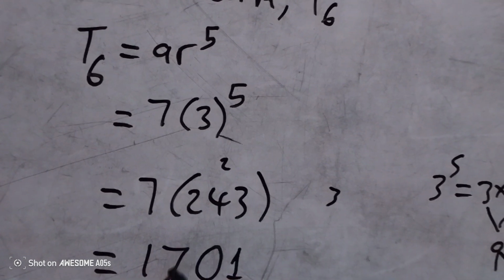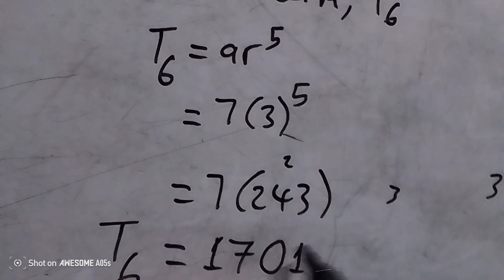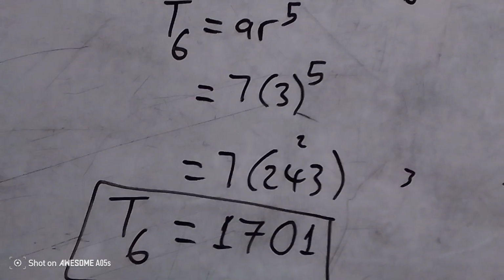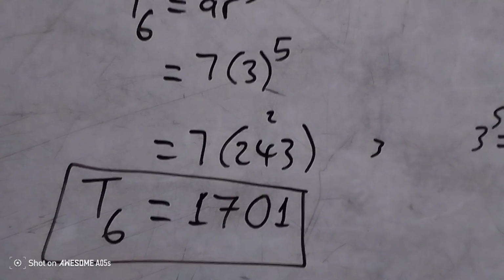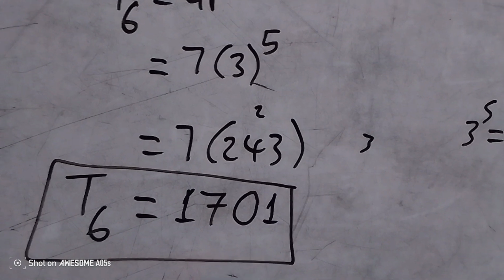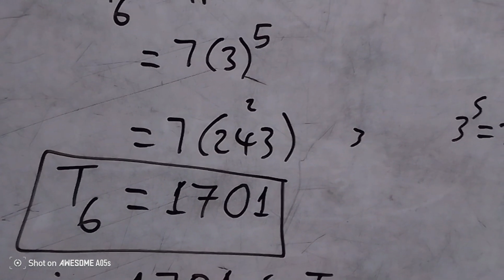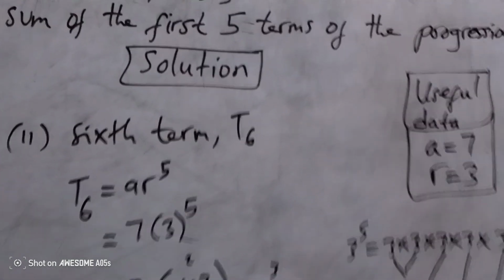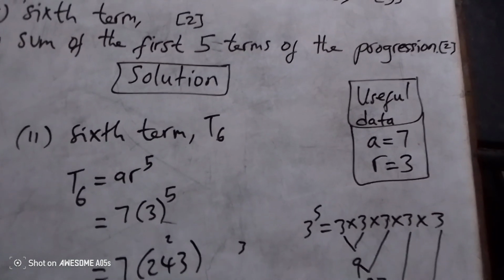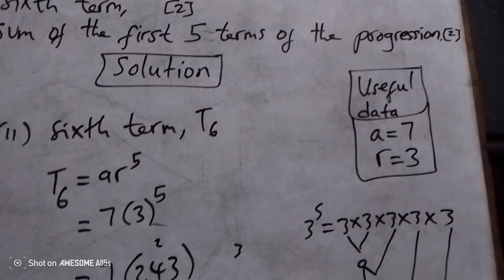And that is how we are getting our answer here, which is T6. And then we can conclude to say, therefore, 7,701 is T6. So let's now go to the last question, which is asking for the sum of the first 5 terms of the progression.